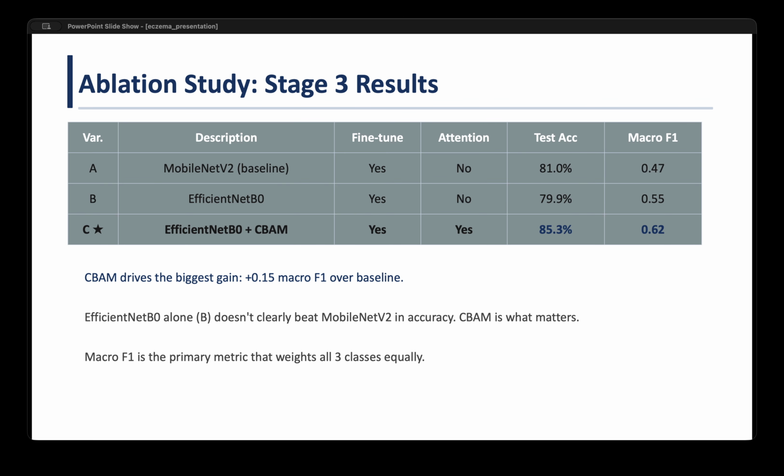Whereas the last variant C adds CBAM on top, which hits 85.3% accuracy and an F1 of 0.62. The key takeaway: CBAM drives the biggest gain, a full plus 1.5 micro F1 over the baseline.